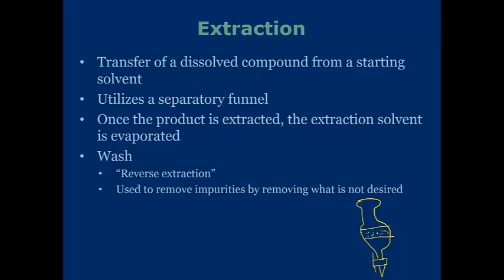What you do is you shake this up, pour out either the desired layer or the undesired layer, and then extract the remainder. What you do for a wash is you take your desired layer and wash it through with the other layer. So if my desired layer is organic, I'll wash it through with water to get rid of any polar impurities.